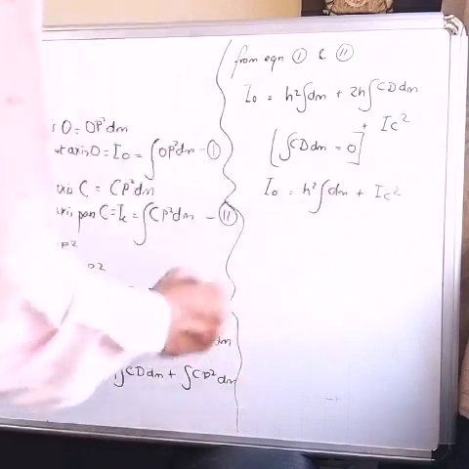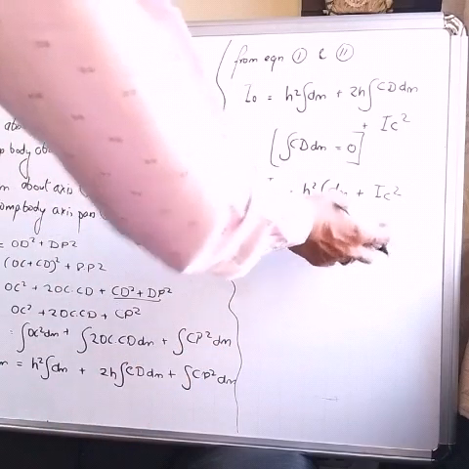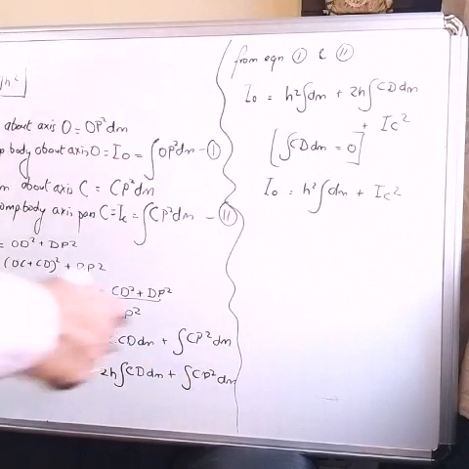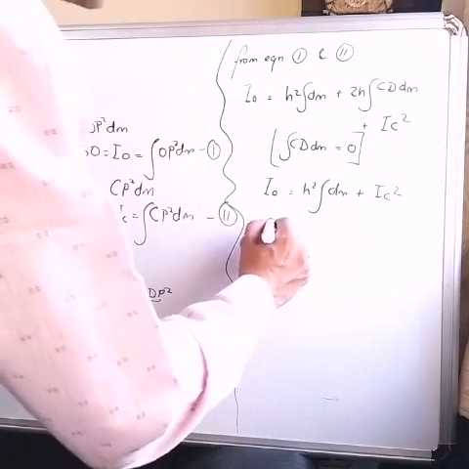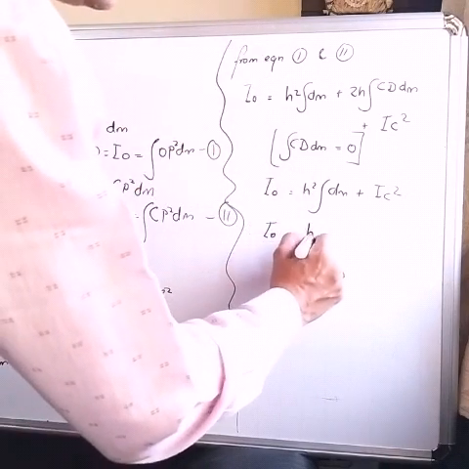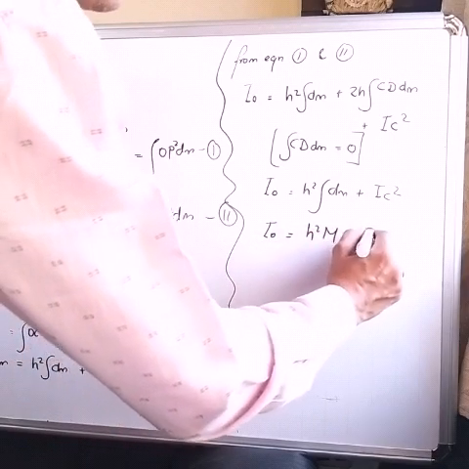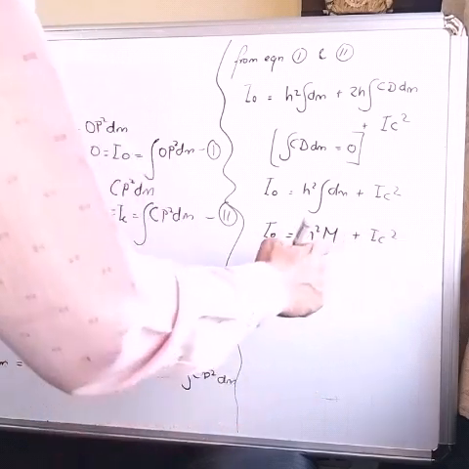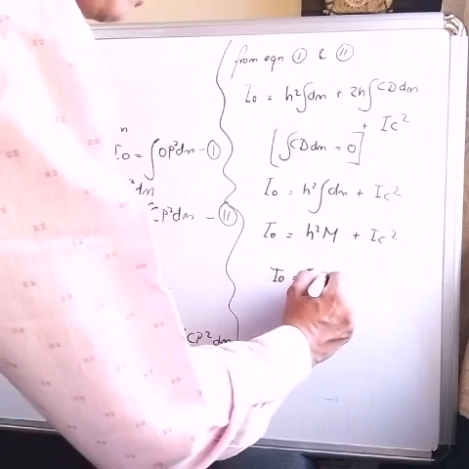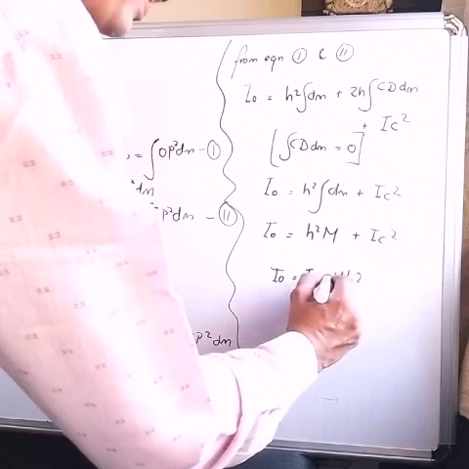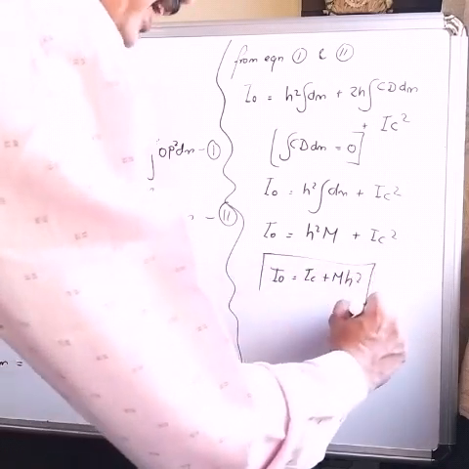Now when you integrate dm, a small element in the body, you will get the total mass of the object, so this expression becomes mH square, where m is the total mass of the object, or finally I'll write IO equal to IC plus mH square, which is our required expression.